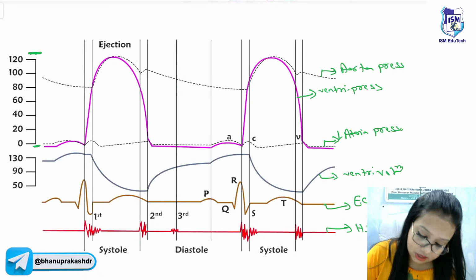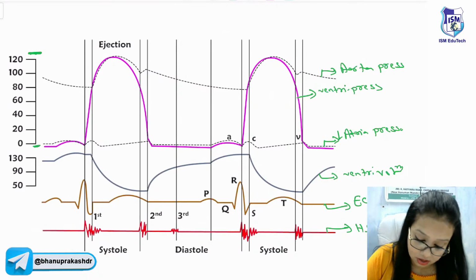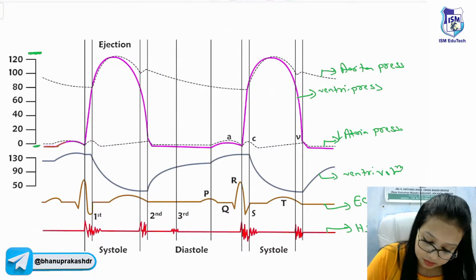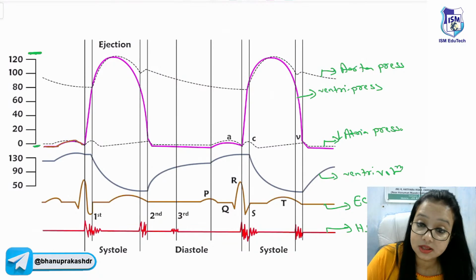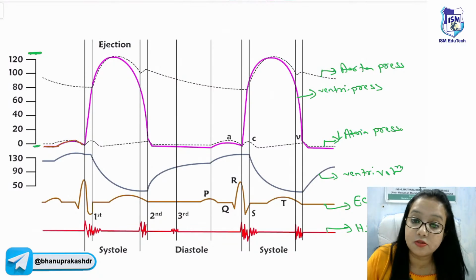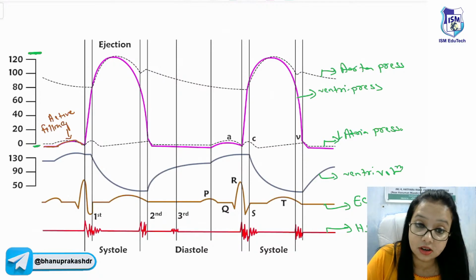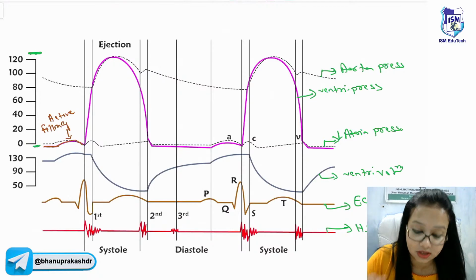Okay. So here you see this notch, this hump, like this one. This hump actually means the filling of the ventricle due to contraction of the atria. So this is the active filling of the ventricle by the contraction of the atria.